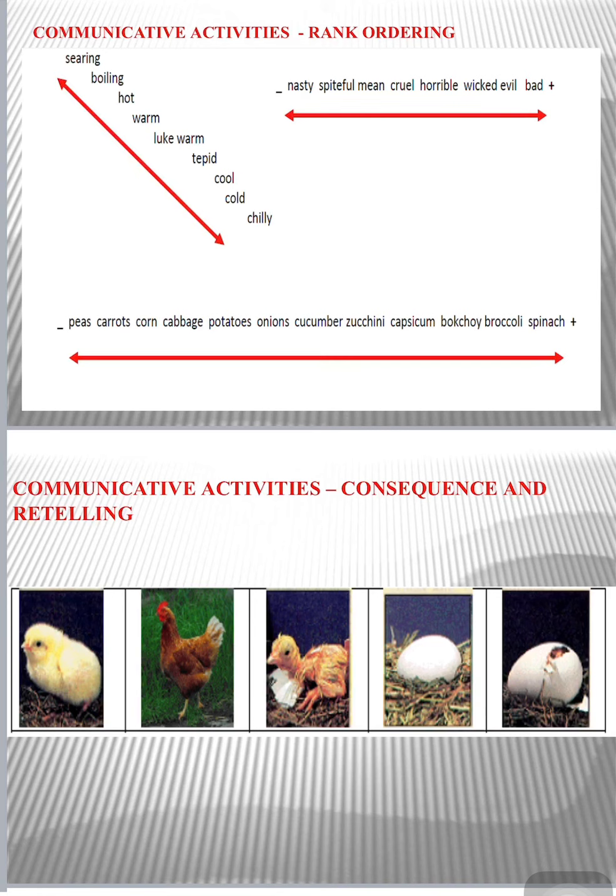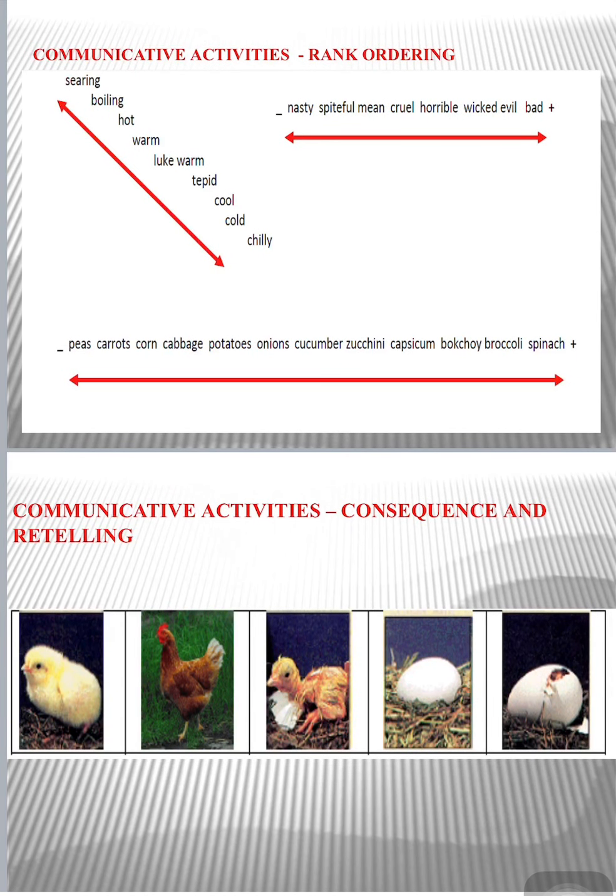For example, if we use communicative activities, we can do rank ordering, like the first one is searing, and then boiling, hot, warm, lukewarm, tepid, cool, cold, and chilly. Or another example: nasty, spiteful, mean, cruel, horrible, wicked, evil, bad.